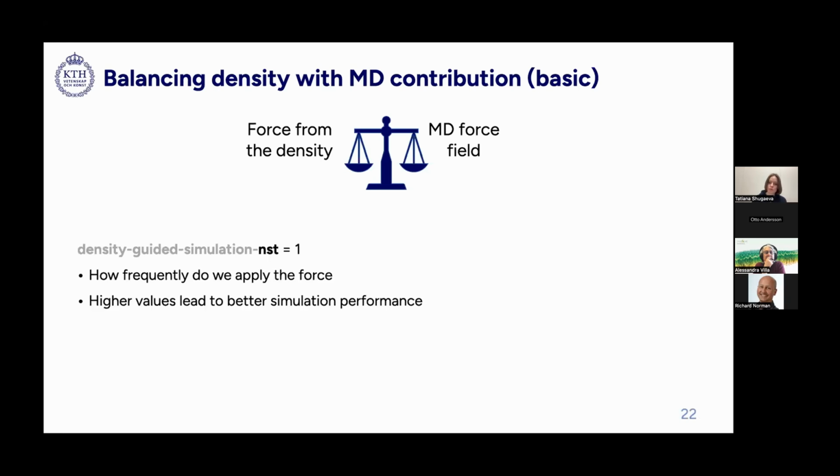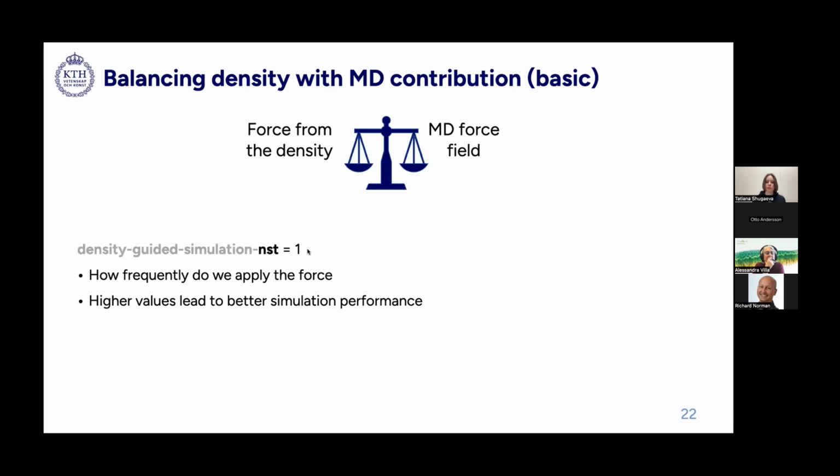Another important parameter in this group is density-guided simulation NST, which defines how frequently we apply the density fitting force. This one affects your performance significantly. It says 1 by default, which means that we calculate fitting forces on each step, but you likely don't necessarily need this.